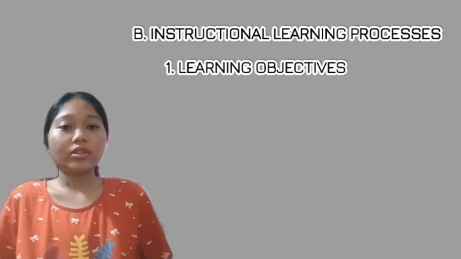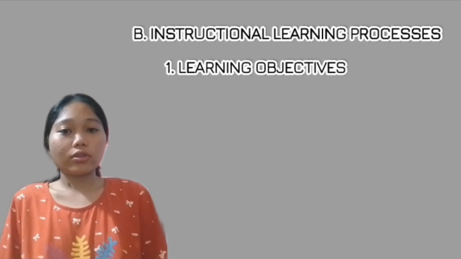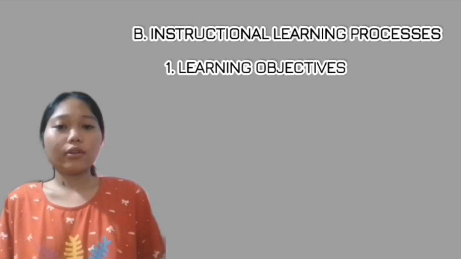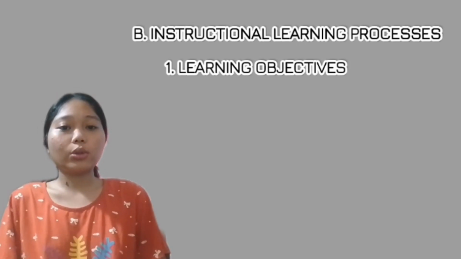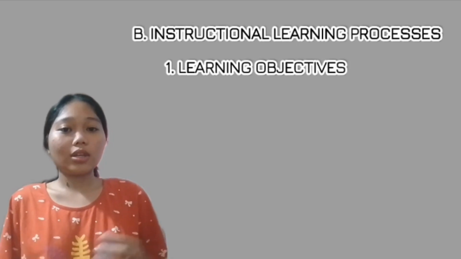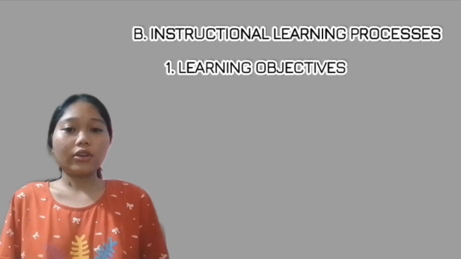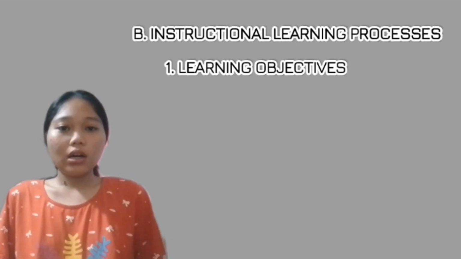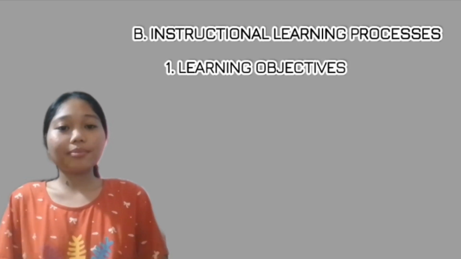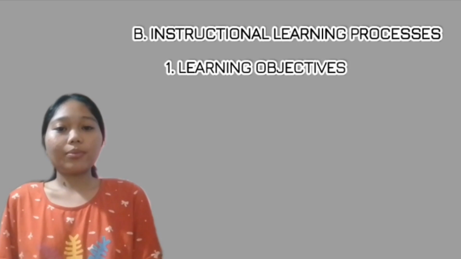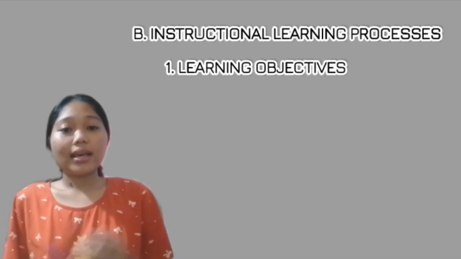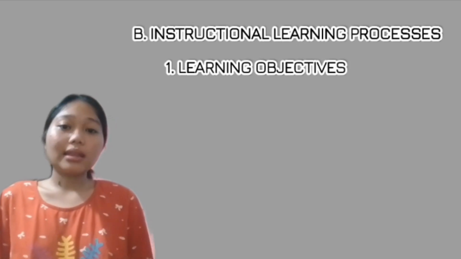For each objective, it's important to start with an action verb that relates to what students should be able to do after the lesson, depending on what topic you're teaching and the level of knowledge your students have. This action will vary. For example, when you're teaching a brand new concept, you may use actions like define, identify, explain, and determine.